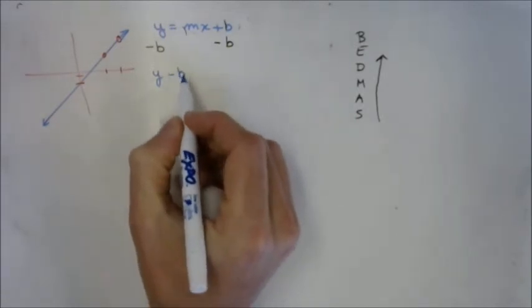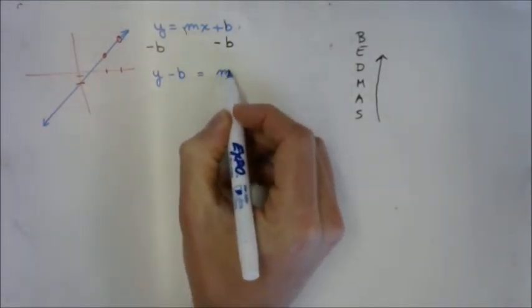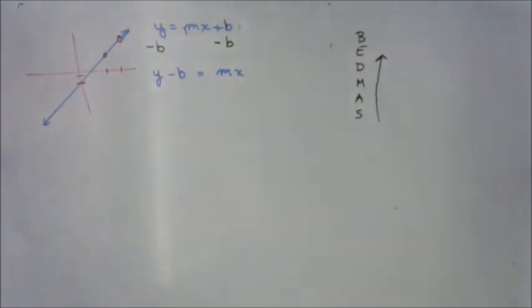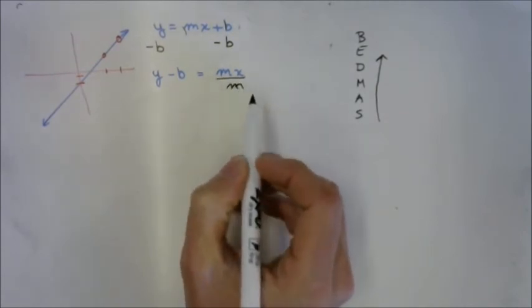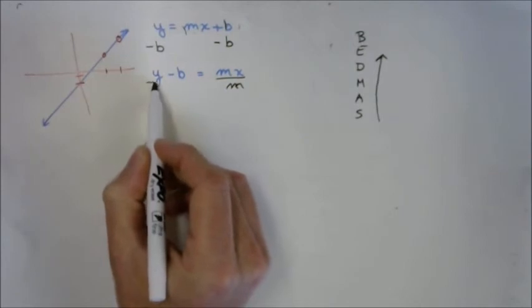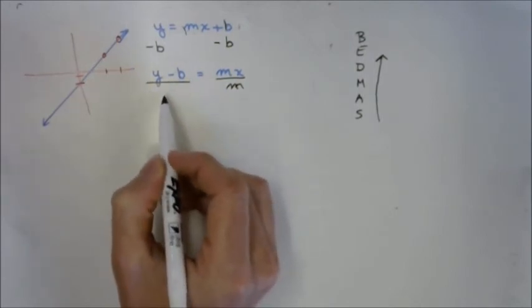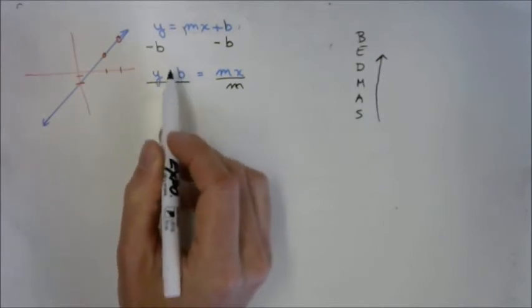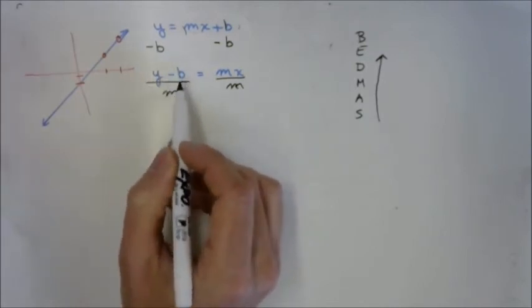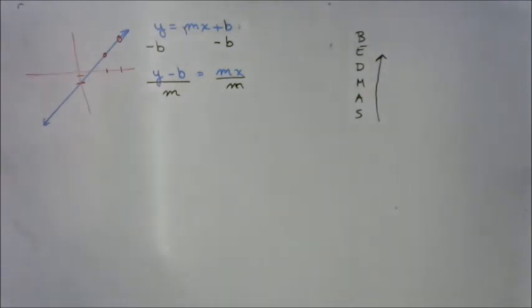All right, now rewrite your next step. We've got y minus b and we have mx. Now we can divide the right side by m. And if I do that to the right side, I must do it to the left, the whole thing. So now y minus b becomes a group, and the whole y minus b is being divided by m.